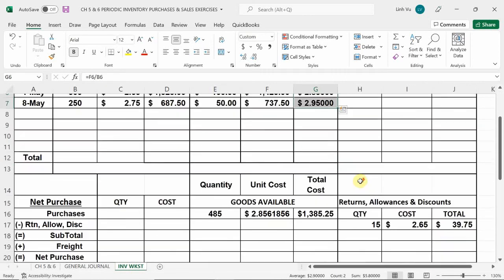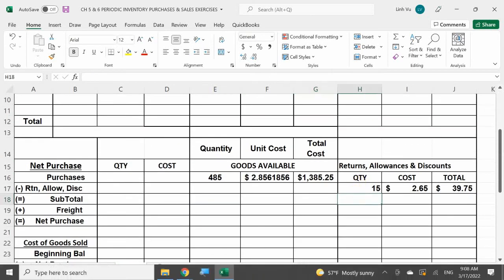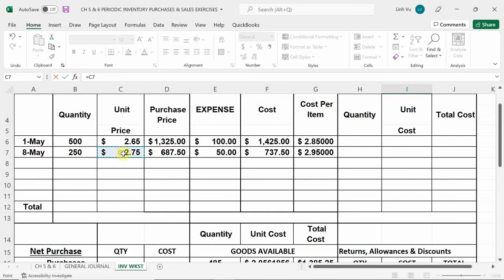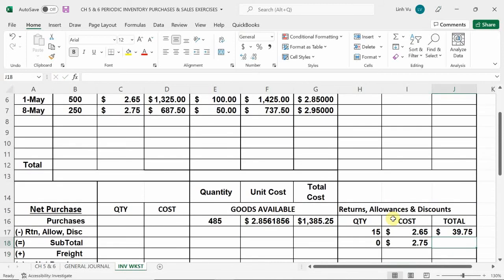Right? We're going to go back down here at the bottom. We're not returning any inventory, but we know that this batch is going to be the most recent one, so 275.